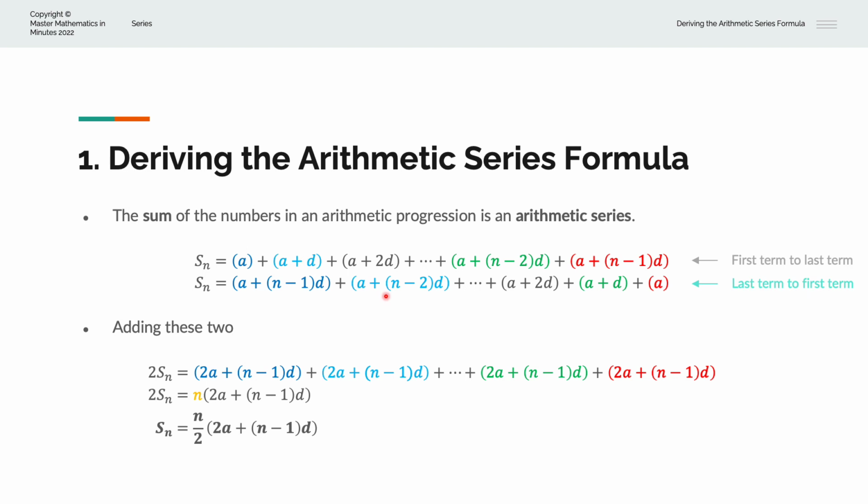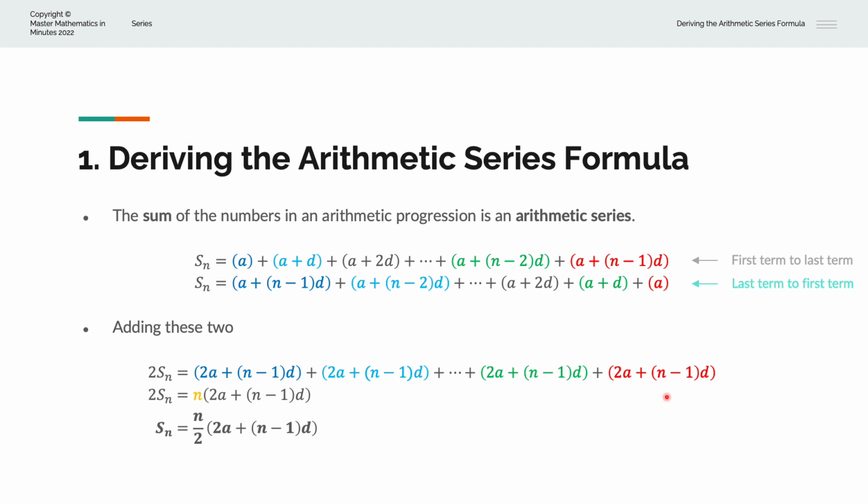We'll add the second terms: a plus a is 2a, and d times (n minus 2) plus (n minus 1) into d gives us (n minus 1)d, and that is the second term. And we'll add the last term: a plus a is 2a, with (n minus 1)d. Notice that these terms are identical: 2a plus (n minus 1)d as the first term, 2a plus (n minus 1)d as the second term, and 2a plus (n minus 1)d as the last term as well.